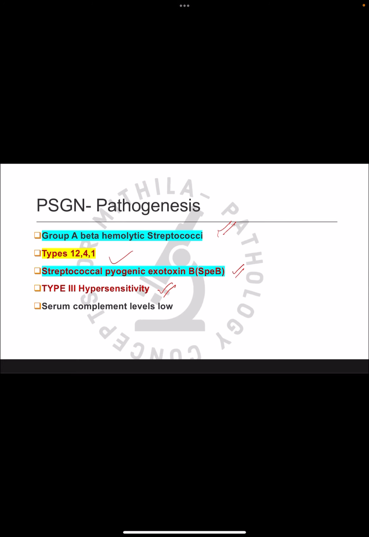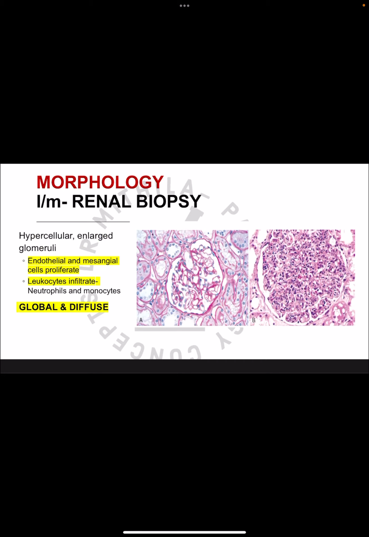And because there is complement activation, serum complement levels are low, and this is useful for making a diagnosis of PSGN. For the diagnosis, we also do the renal biopsy, and renal biopsy is important for PSGN. In PSGN, the glomeruli become enlarged and cellular.